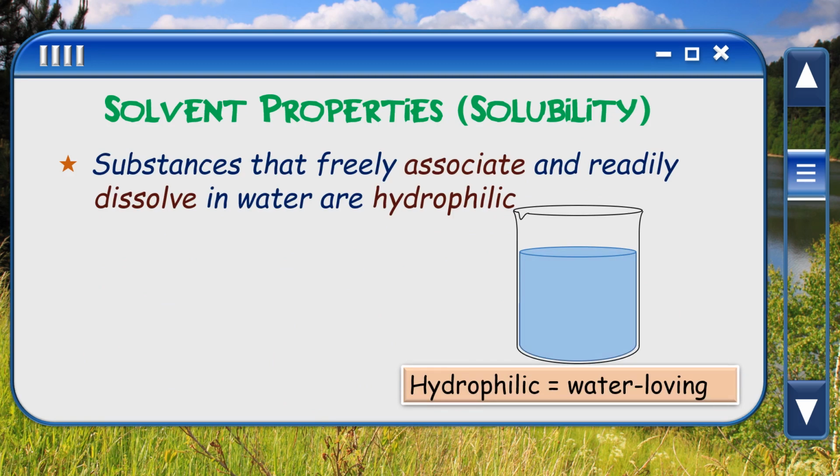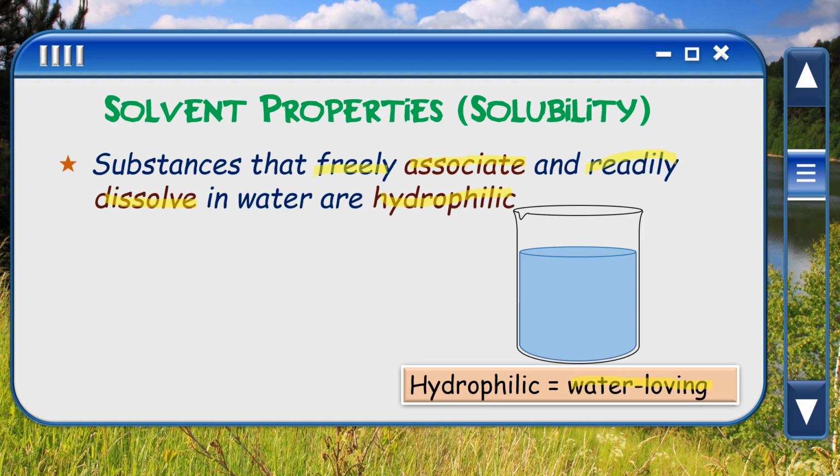Now let's look at solubility. Substances that freely associate and readily dissolve in water are hydrophilic. Hydrophilic means water-loving. They love water, and they can dissolve in water because they are water-loving.